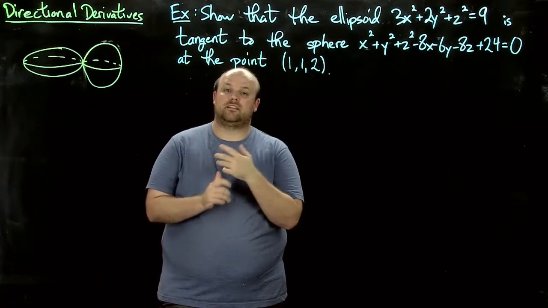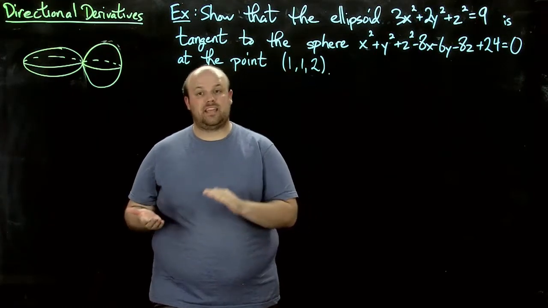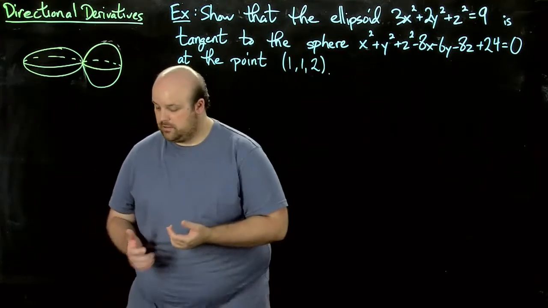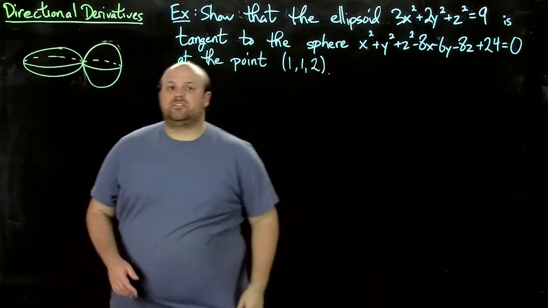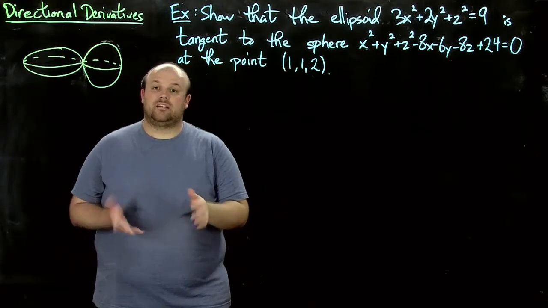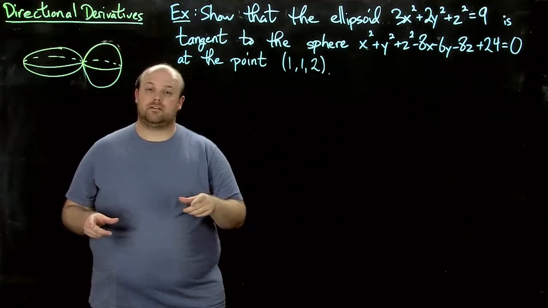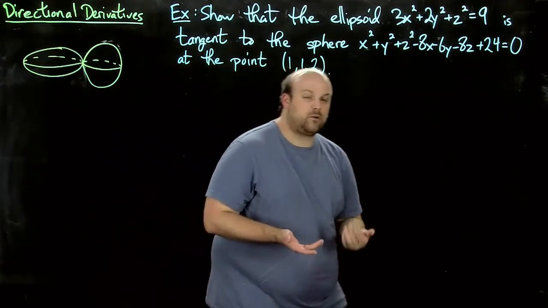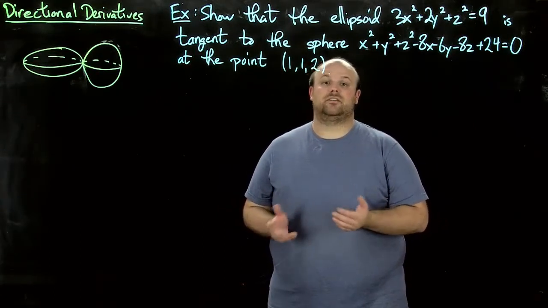What that means is that the gradient vectors don't have to be the same, but they have to be parallel to each other. So we should think of each of these surfaces as a level surface, take the gradient and show that those two are parallel to each other. That's how we can show that it's tangent. And of course, if the gradients aren't parallel, then the intersection is not tangent.